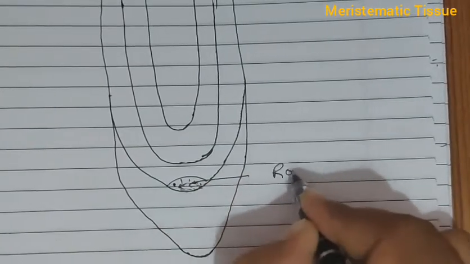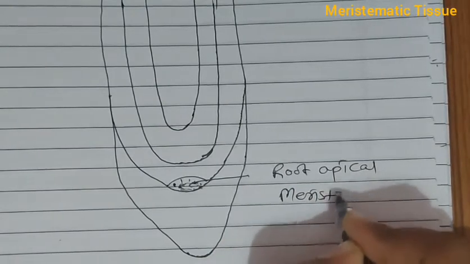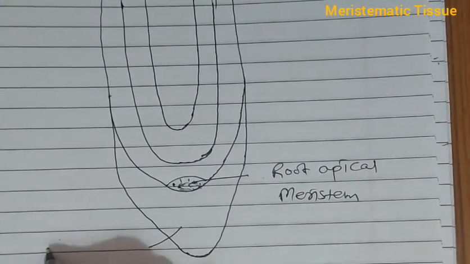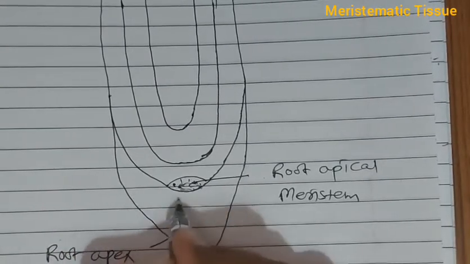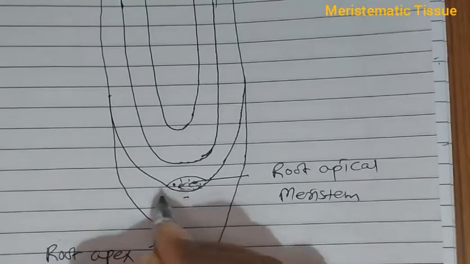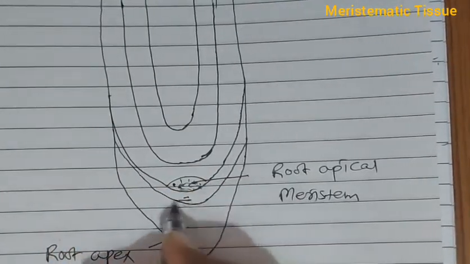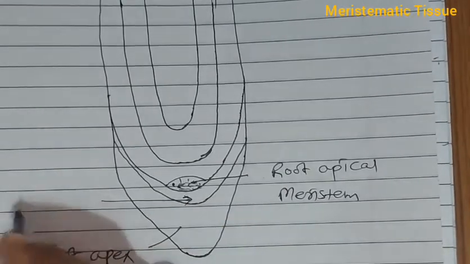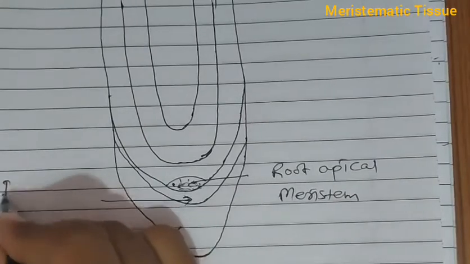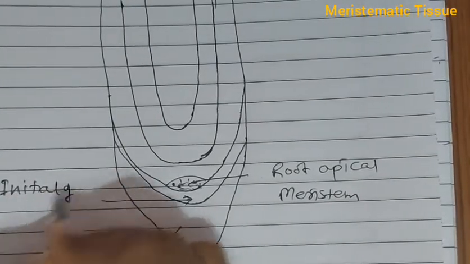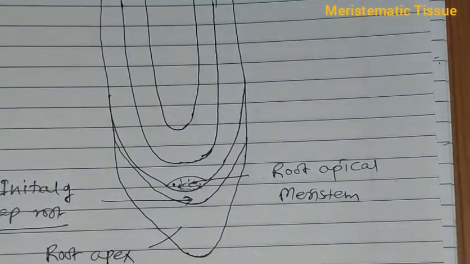This is the root apical meristem. This is the root apex. Here you will see this part, that is the initial of the central cell, initial of the caproot.